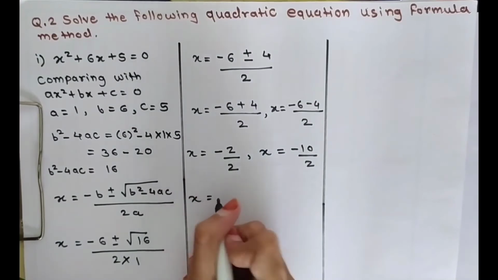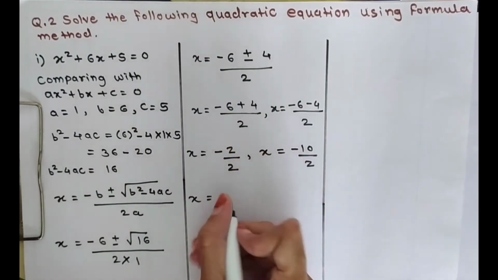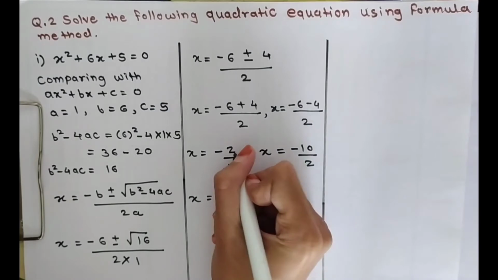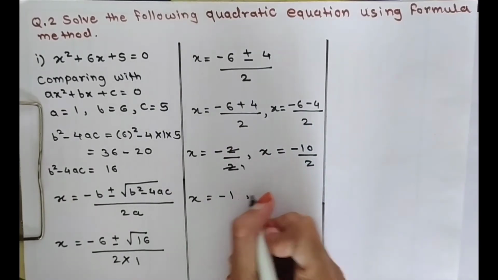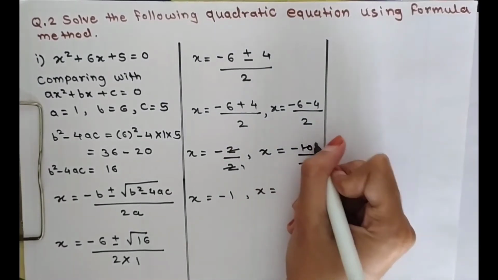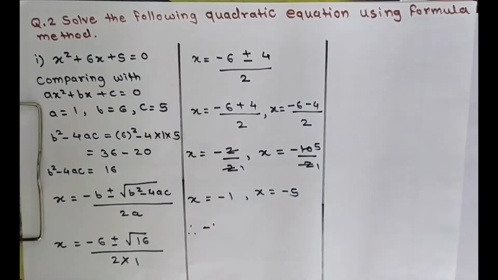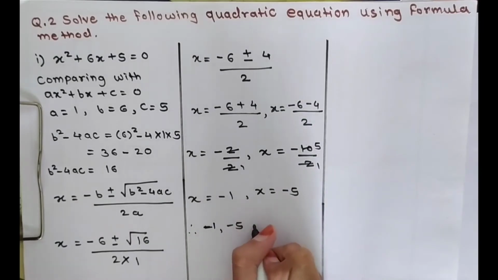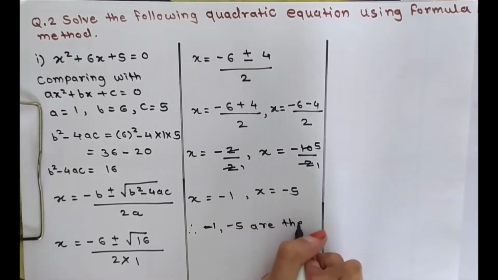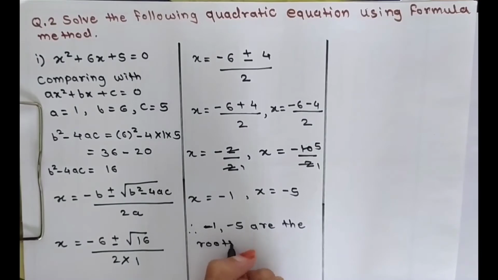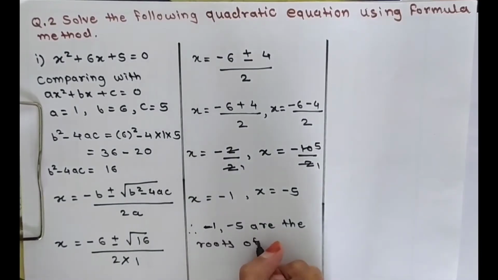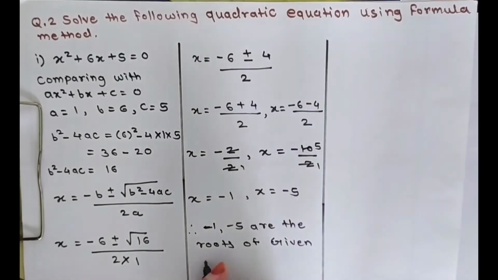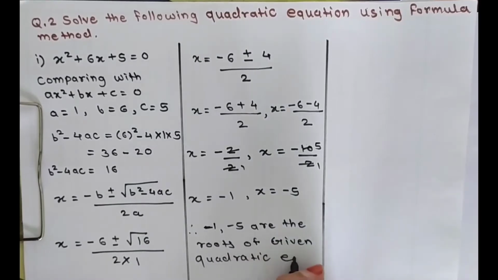So x is equal to minus 1 and x is equal to 2 5s are 10, minus 5. Therefore, minus 1 and minus 5 are the roots of the given quadratic equation.